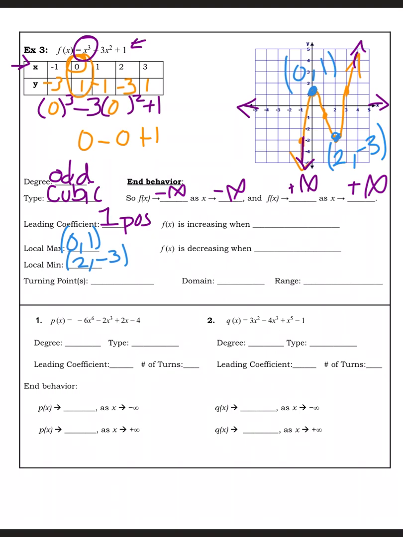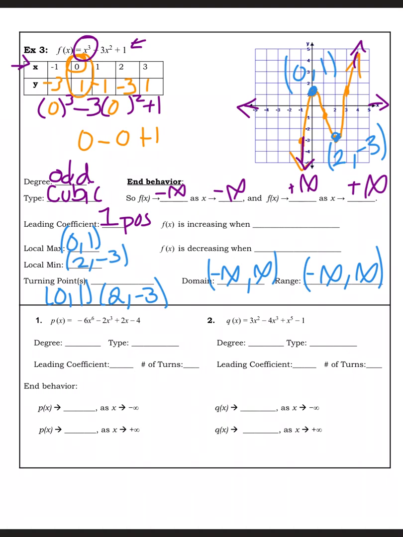Our turning points, well, they are what we just said our local max and min were. So 0, 1, and 2, negative 3. Our domain is from negative infinity to positive infinity, and our range just so happens to be the same thing.